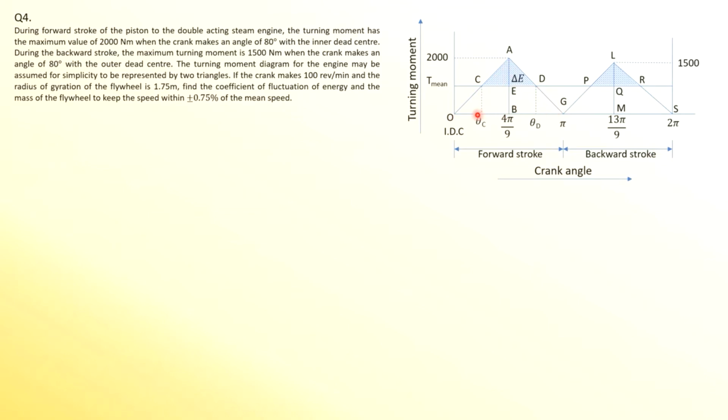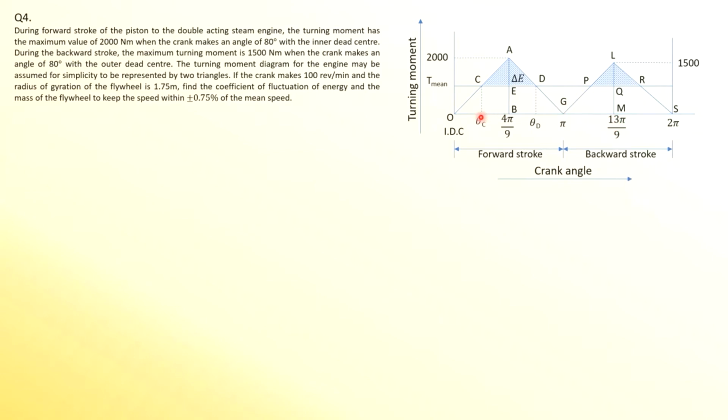So you have two triangles, one that is larger and the second one which is smaller. Now the larger triangle is based on a turning moment of 2000 Newton meter given in the question, and the second triangle is based on the turning moment of 1500 Newton meter, which is at the position at 80 degrees.